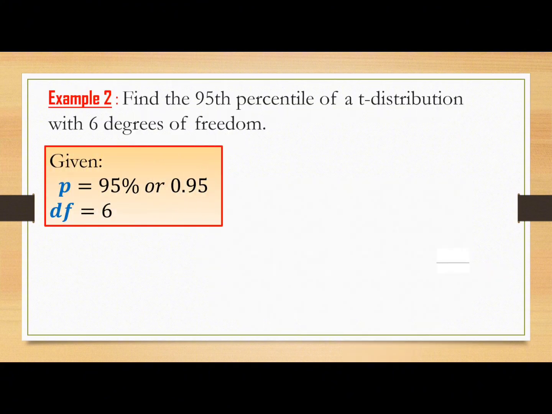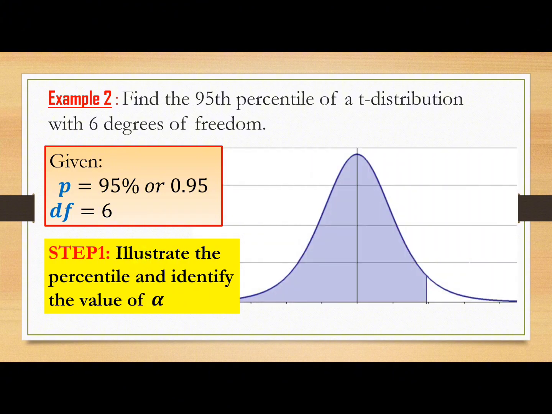Let's proceed to example number 2. Find the 95th percentile of a distribution with 6 degrees of freedom. This one has a given df, so we can solve for the t-value. We have identified the given percentile of 95% or 0.95 and 6 degrees of freedom, which are in our problem.